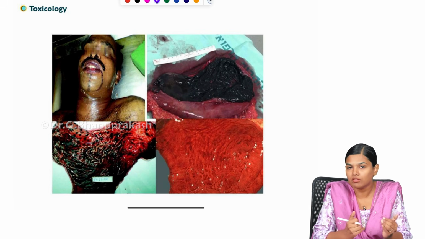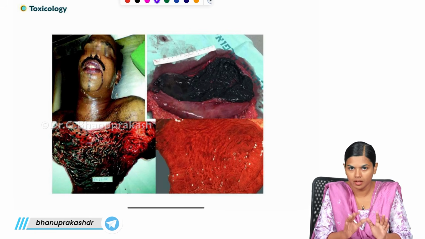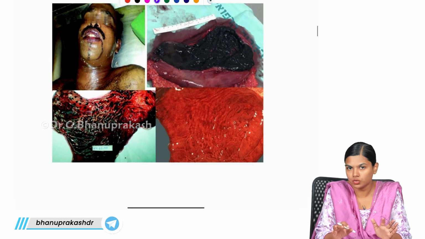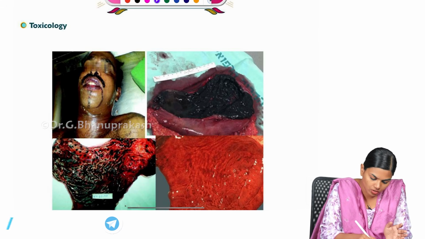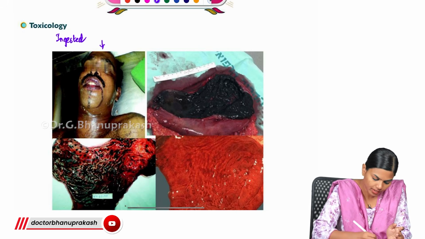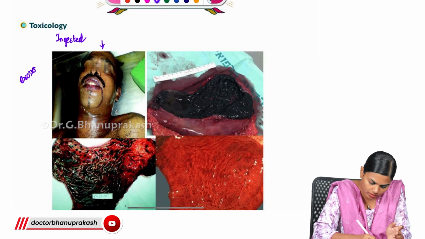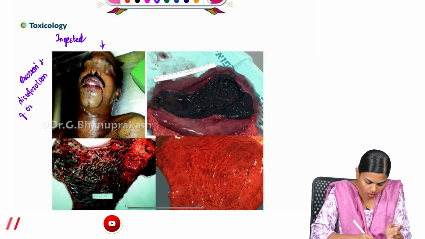Maybe the degree of damage would vary depending upon the concentration of the acid, but these are the changes that are usually seen. So the first thing that you will see, if it is ingested, and most commonly it is ingested, is erosion and discoloration of the oral mucosa.